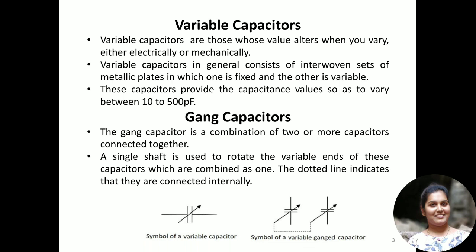So when you are asked about gang capacitors, you simply mention that a gang capacitor is nothing but a variable capacitor in which two or more capacitors are connected together, but all the moving ends are connected to one end or will be operated by a single shaft. In order to indicate that, we indicate it with the dotted line.